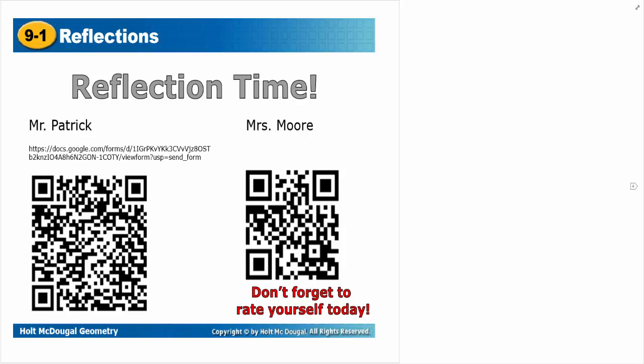If you do, you can just copy the link and go to it that way. If you have the QR code, just scan it now and fill out the form. You do need to do this for each lesson. It just takes a couple minutes, and it tells me how well you understood the lesson. This is important for us as teachers to gauge where you're at before we give you a test.